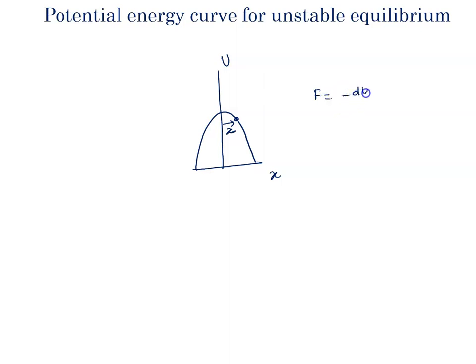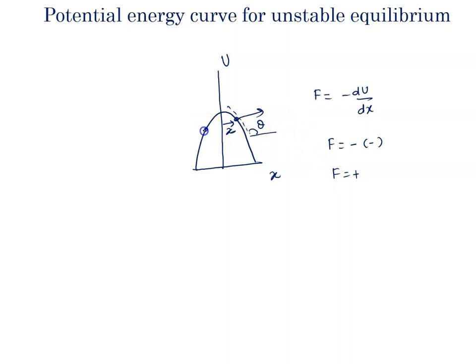Force is given by minus dU by dx. If we draw the slope here, I hope it is visible to all of you, here theta is obtuse, so the slope is negative. So F is given by minus, and dU by dx is negative, so minus minus is plus. It means this body is getting the force in the plus direction. It means it is not coming back to the mean position.